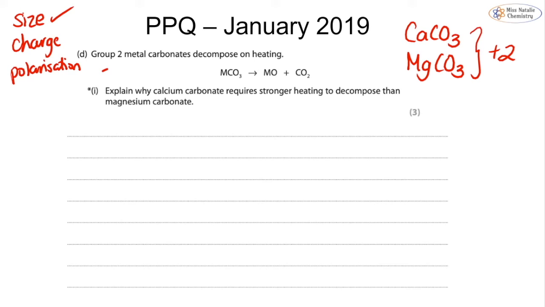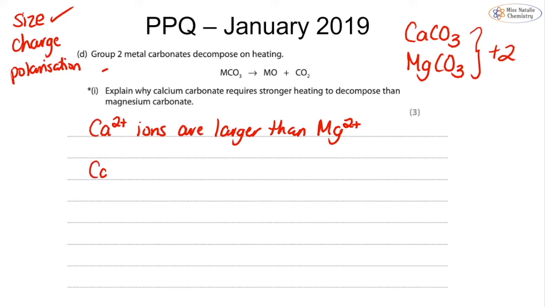Now, magnesium is above calcium in the periodic table. So that means that calcium ions, or Ca2 plus ions, are larger than magnesium ions. So because we're getting a larger ion, that means we're going to have less polarization. So calcium ions polarize the carbonate less.